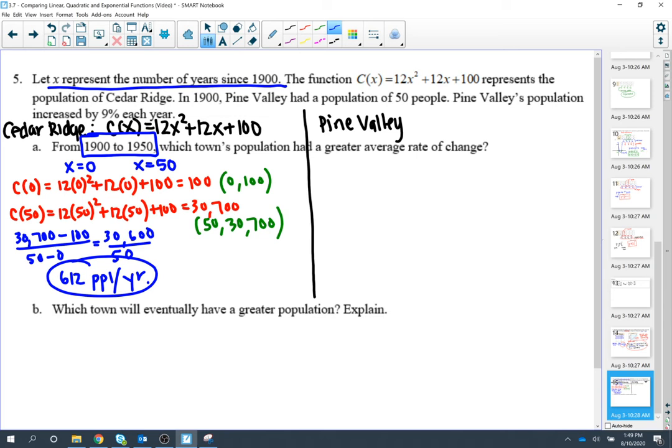And the issue is they didn't give you an equation. They didn't give you a function. They just told you that the population is starting at 50 and increasing by 9% each year. Well, the first thing I'm looking at is if it increases by 9% each year, that means that it's an exponential function.